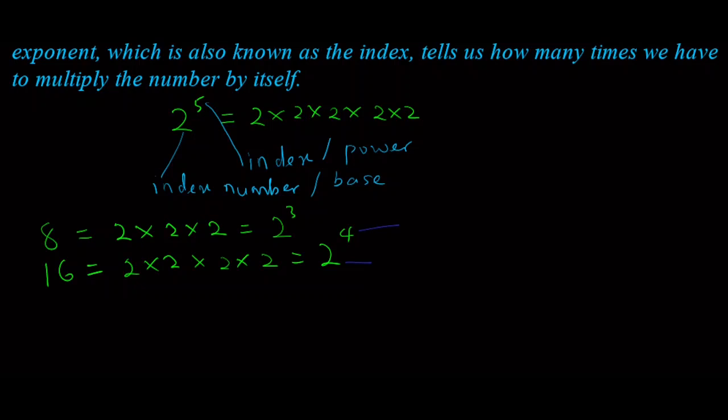If I have 9, 9 can be written as 3 times 3, and that we can write as 3 raised to power 2. The index is 2, which is also known as the power. Then 3 represents the base or index number.